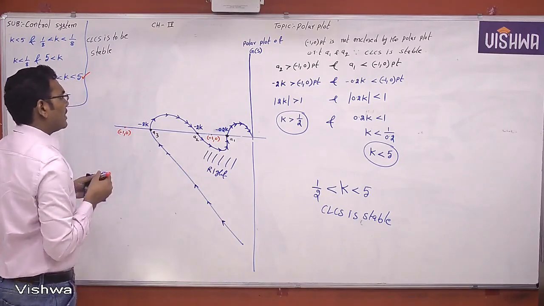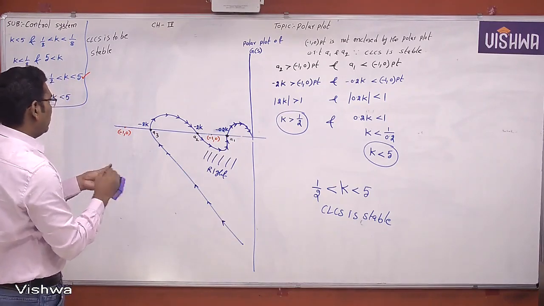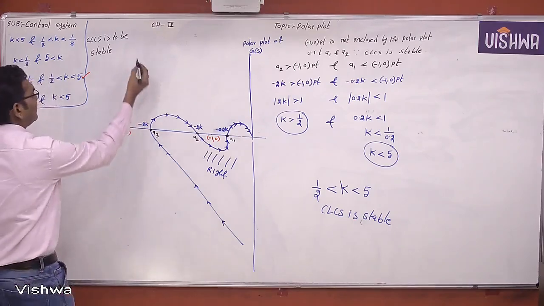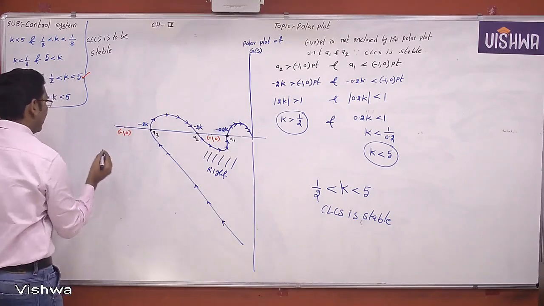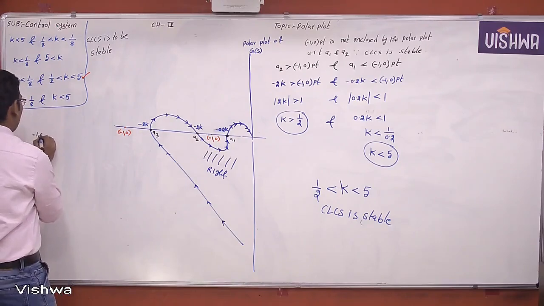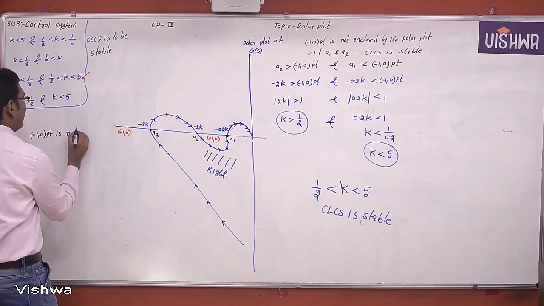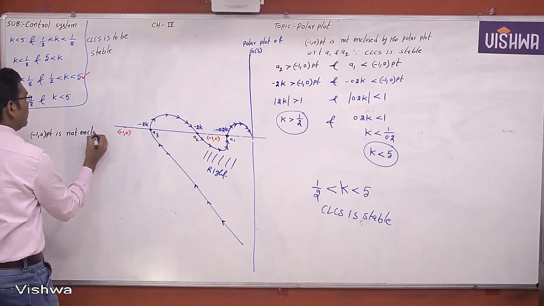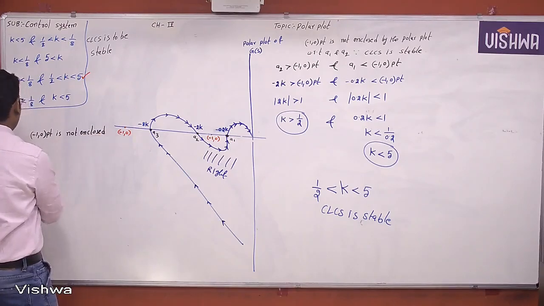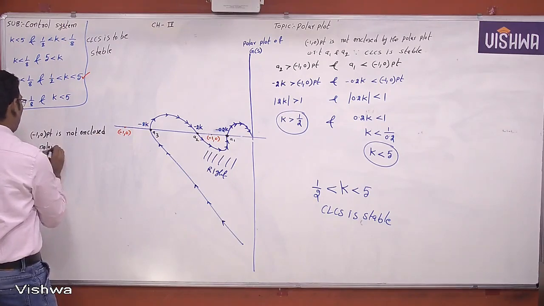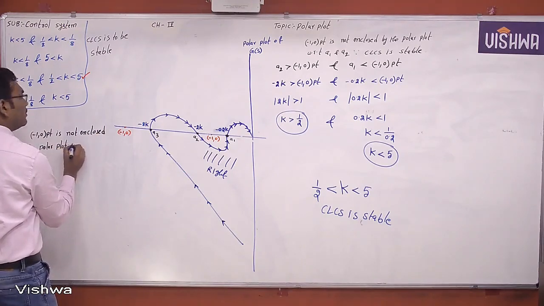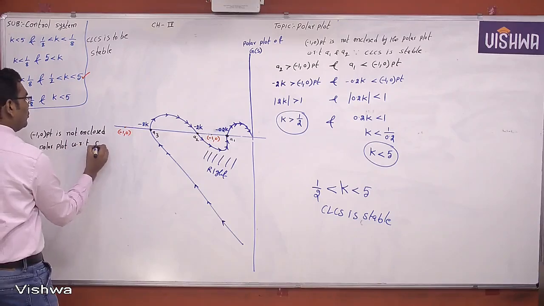Right. Now what is the condition? Now, can I write like this? The -1 comma 0 point is not enclosed by the polar plot with respect to A3.